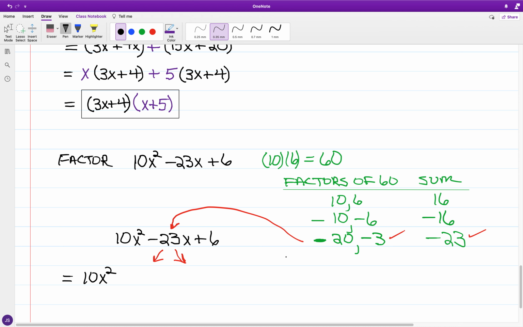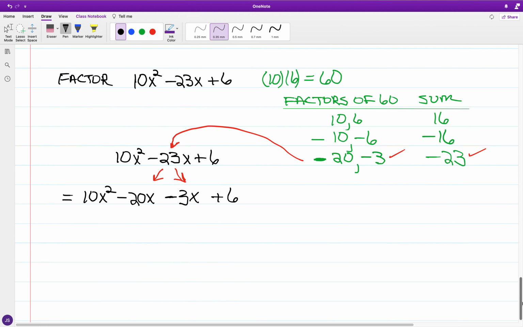So we're going to have 10x squared, and we'll say we have minus 20x, followed by negative 3x, and we have plus 6.